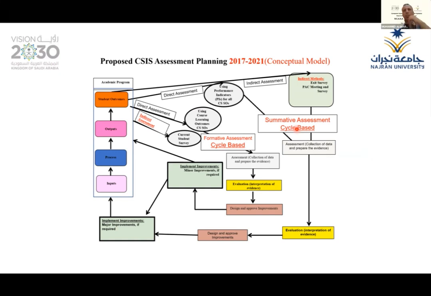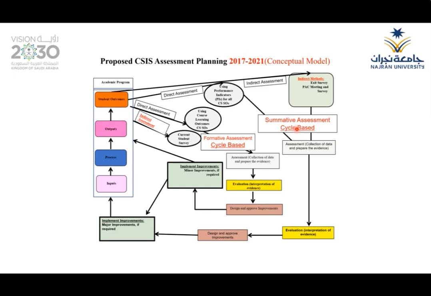I mean, we should use the results of assessment to improve the improvement plan of the first assessment cycle.